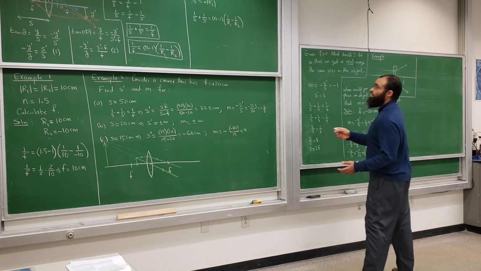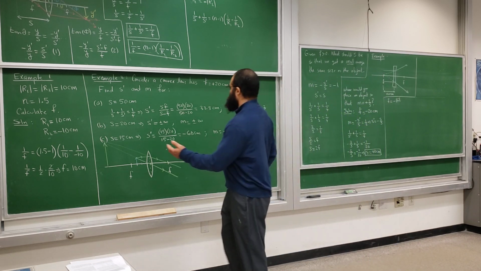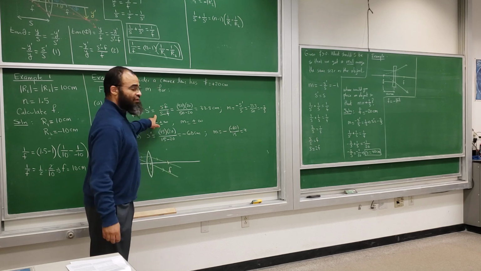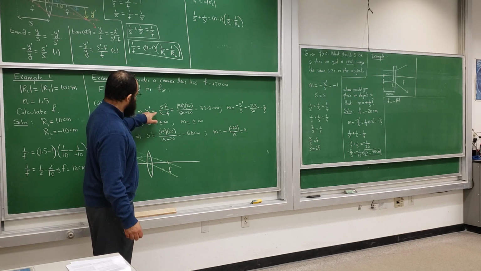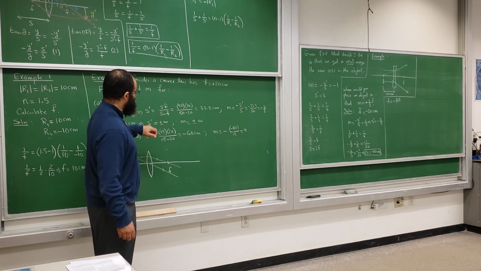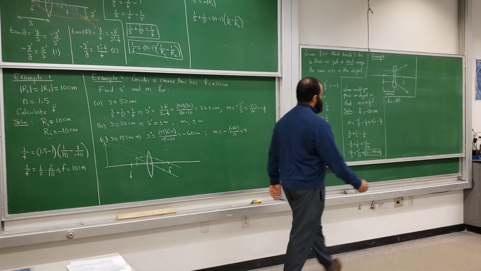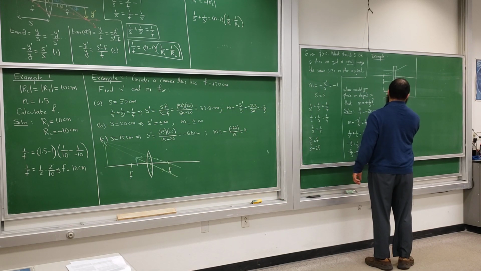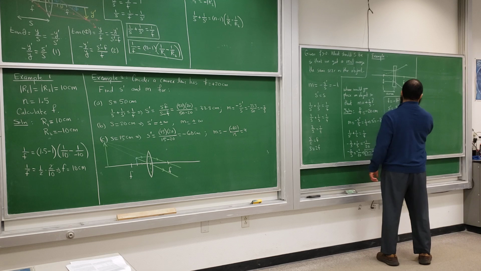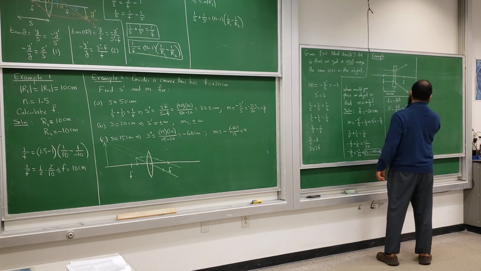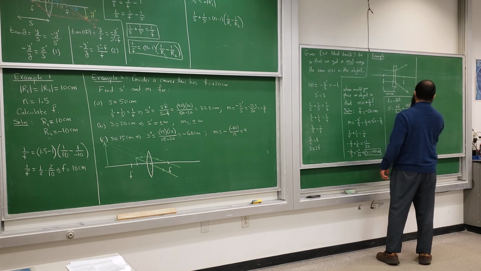I'm going to directly use this equation here, because 1 over s plus 1 over s prime equals 1 over f. So s prime will equal this. So let's write that down. I get s prime equal to s times f over s minus f, and that's equal to s times negative the absolute value of f over s minus the absolute value of f.